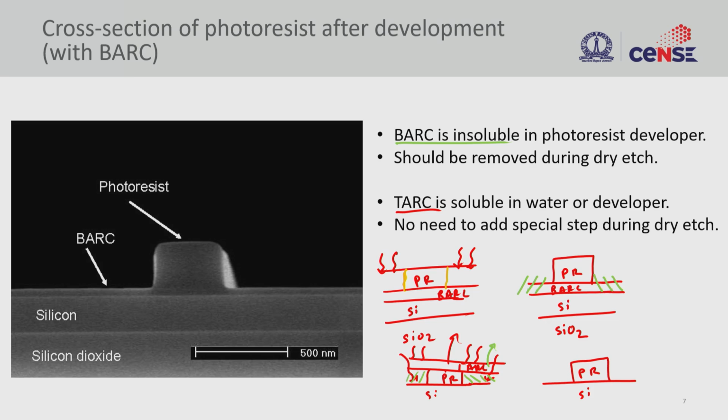So if you are doing implantation where you want to expose silicon, you may also want to remove BARC, right. So BARC layer will reduce the energy of the implant ions, right. So you want to remove BARC layer when you go for implantation. Okay. So these are all the various considerations you should have while using this bottom anti-reflective coating.